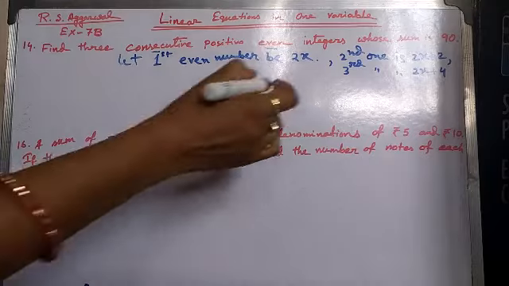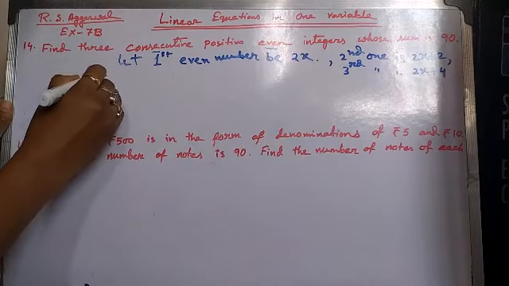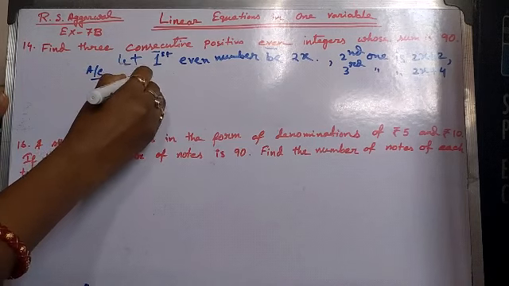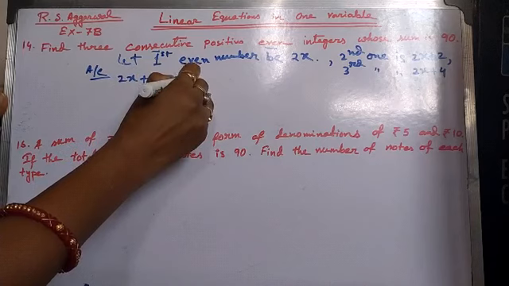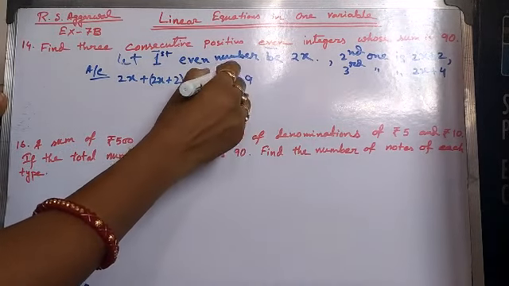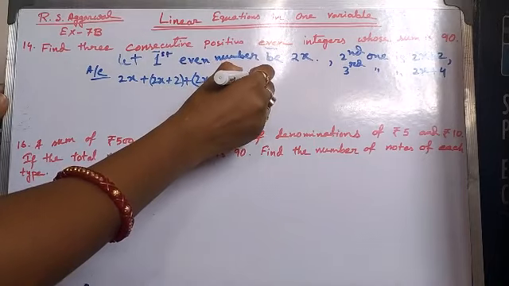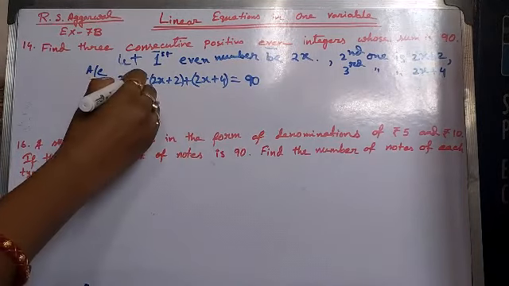Now the sum is given as 90, so according to the condition, 2x plus 2x plus 2 plus 2x plus 4 equals 90. That is the condition, so we have to solve it.